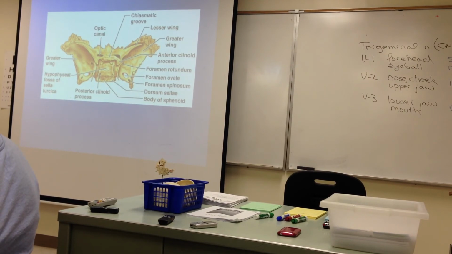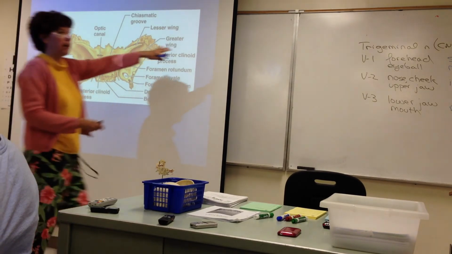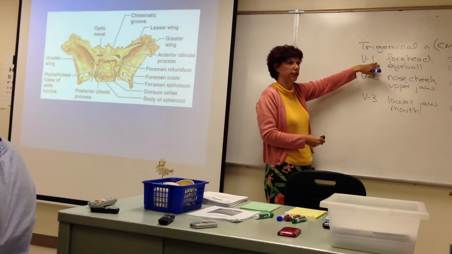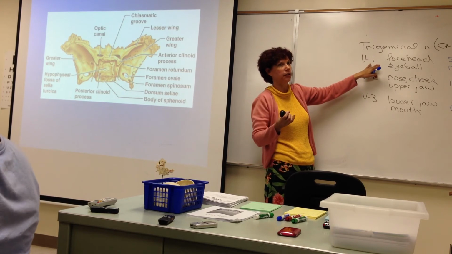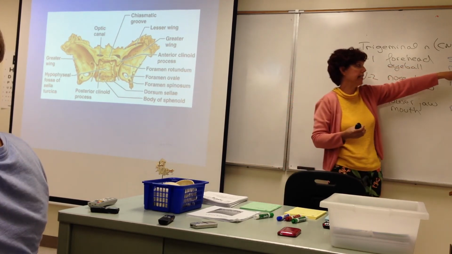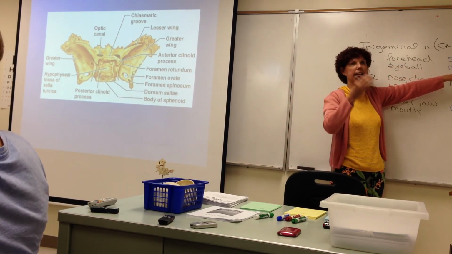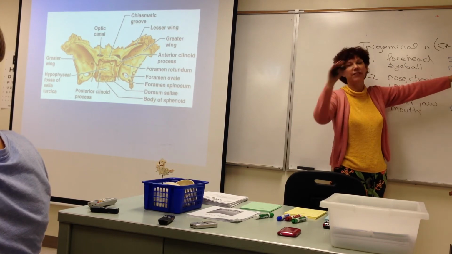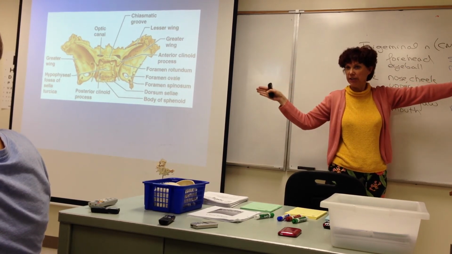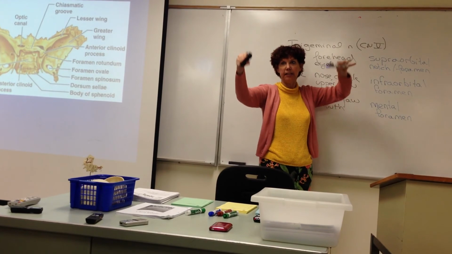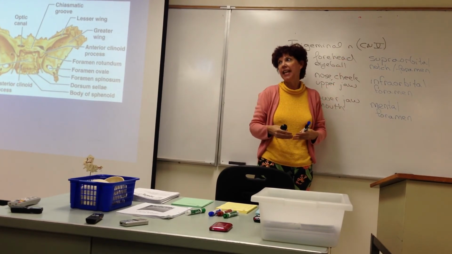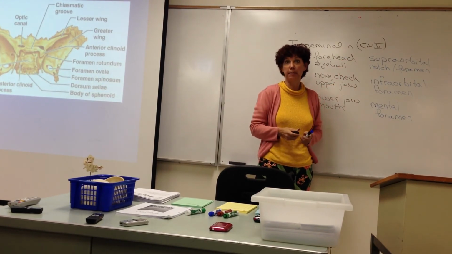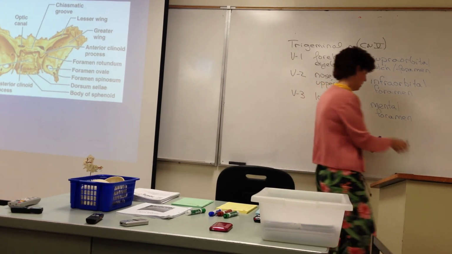Fissure because it's jagged a little bit, right? So that is where the first branch of the trigeminal nerve actually gets into the cranial cavity. Once it passes from the supraorbital notch into the orbit, then it leaves the orbit via the superior orbital fissure, and just like your pipe cleaner, it's now in the cranial cavity. Well, your pipe cleaner is not entering the brain, but the nerve would.